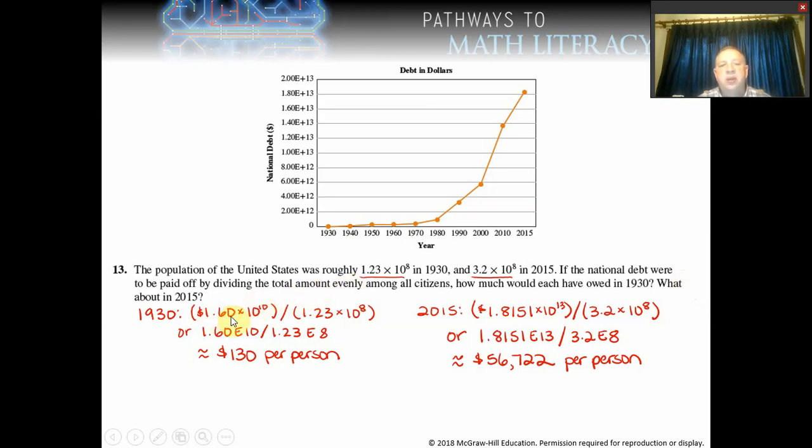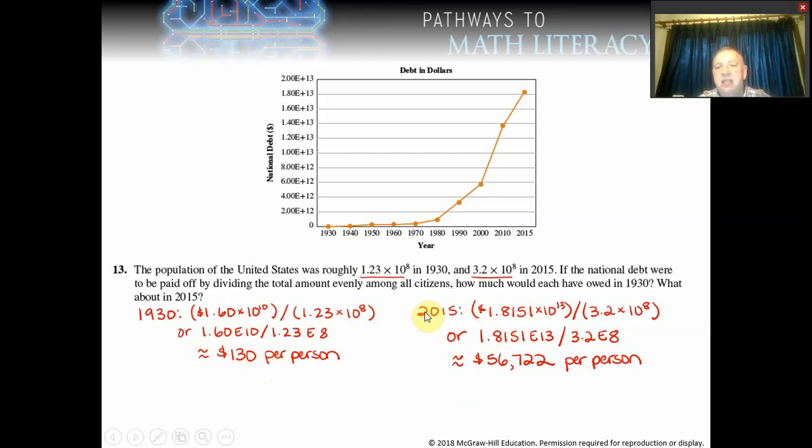So we had 1.6 times 10 to the 10th in 1930. And we had 1.23 times 10 to the 8 population, people. So if we divide this out, 10 to the 10th, 10 minus 8 is the squared. This would be about 130 per person.